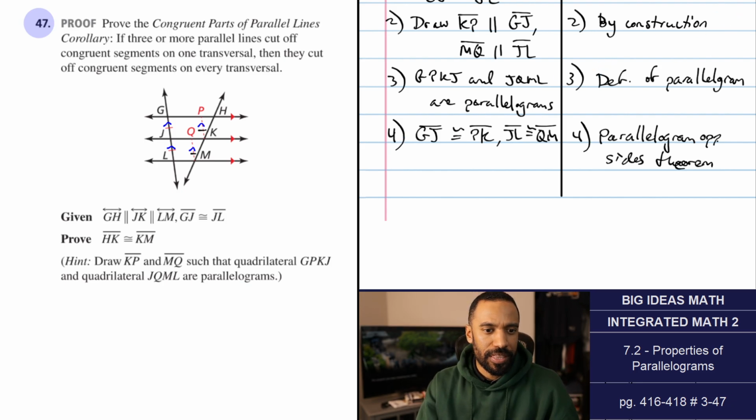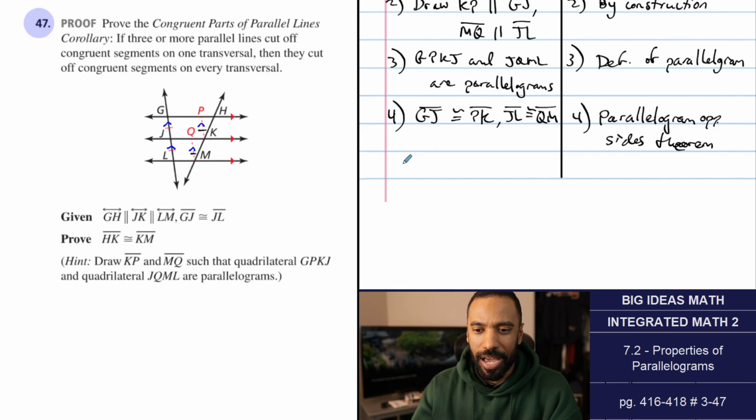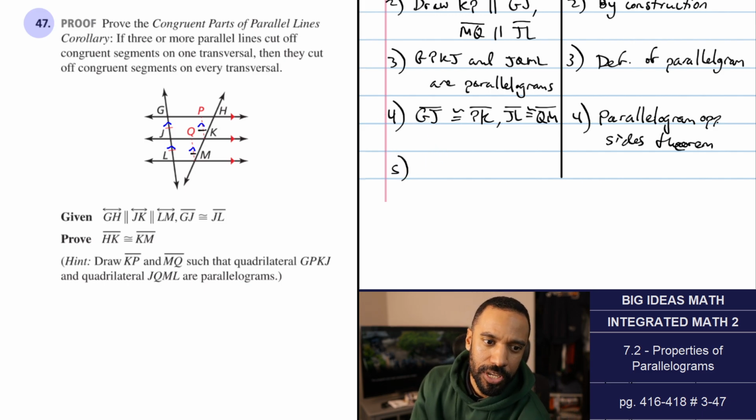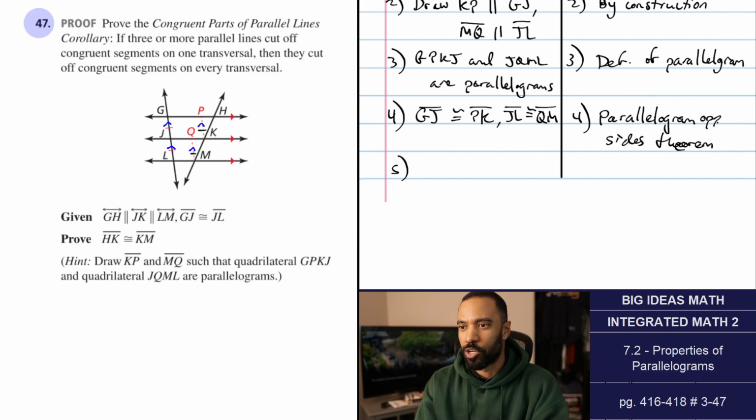I'm going to start proving these triangles here are congruent to each other. Boom and boom, like that. We have the markings that show they're congruent, but we really got to say that they are, because the reason we want these two triangles is that they also include HK and KM right there. If the triangles can be proven congruent, then those corresponding parts will be congruent.